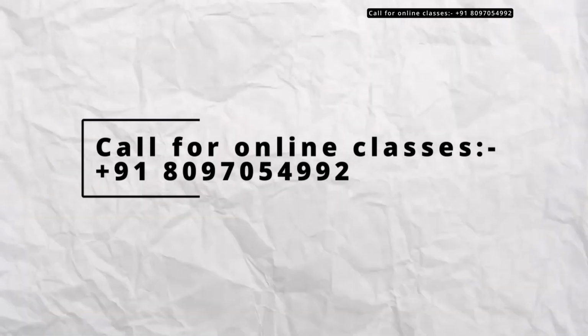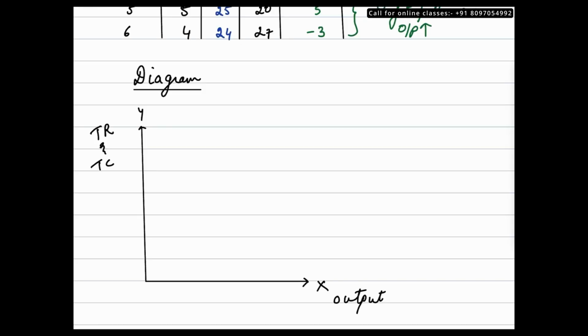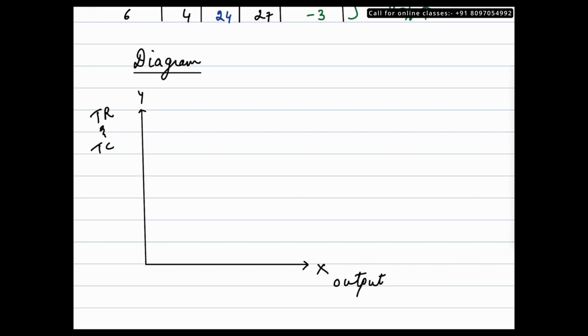Let's take a look at the diagrammatic representation. So just like last time, I'm not going to stick to the figures in the diagram, but we would just take a general representation. Okay. So by now we should be aware that the total cost curve is an inverted S-shaped curve and it looks somewhat like this.